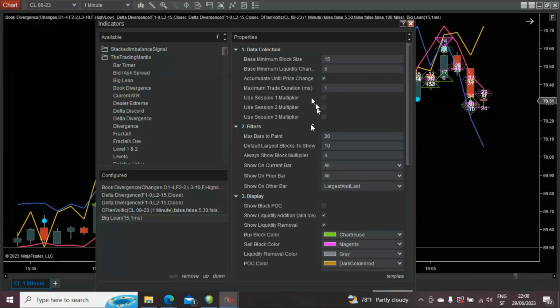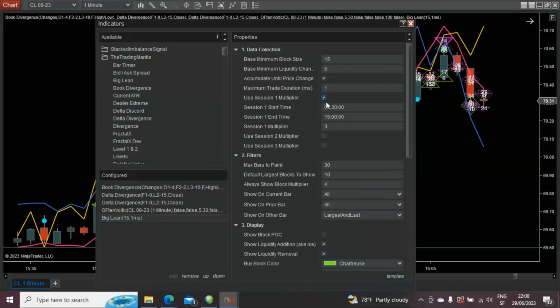There are some session multipliers you can use here to automatically adjust this block size. I personally haven't used them, so I can't tell you how useful they are, but you can set those according to your local time, depending on your open time of the market.